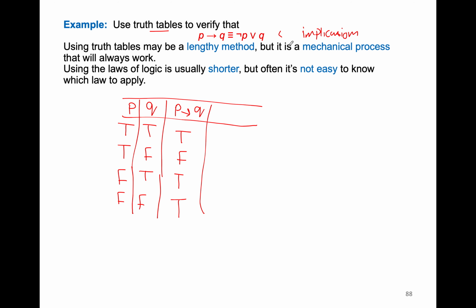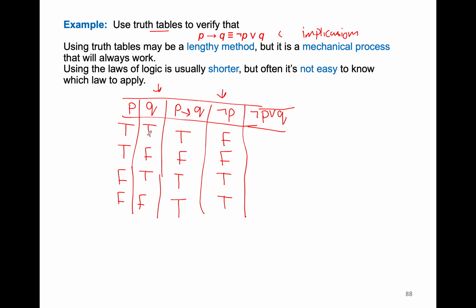Now let's check the left-hand side of the expression here. So here we've got not P or Q. First we need to find the not P. Not P is false, false, true, true. Then not P or Q. So we'll have to look at this column and this column.